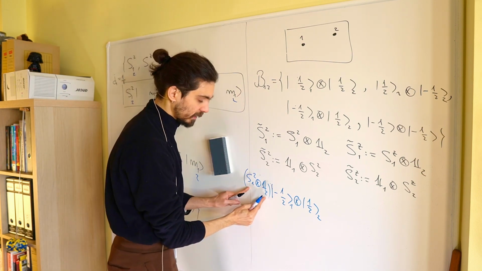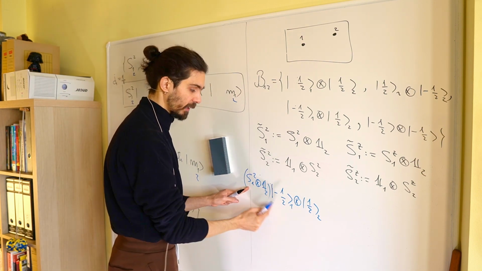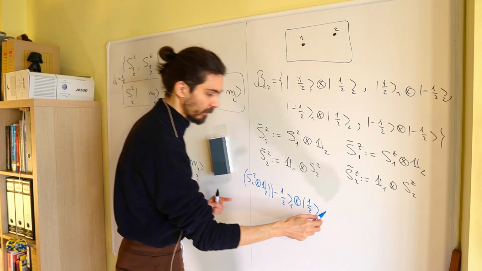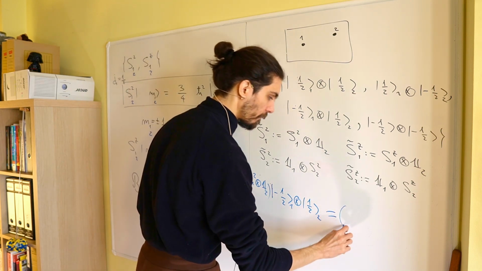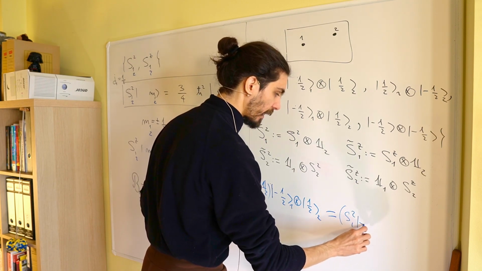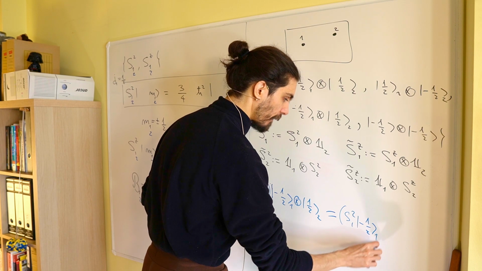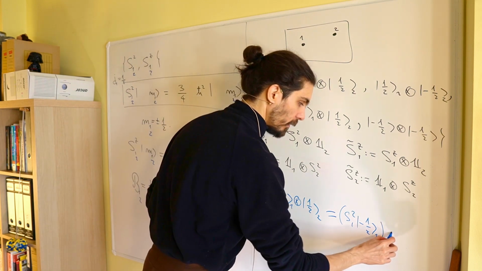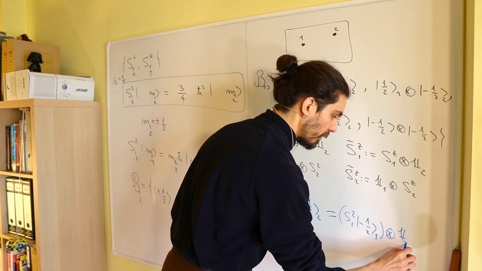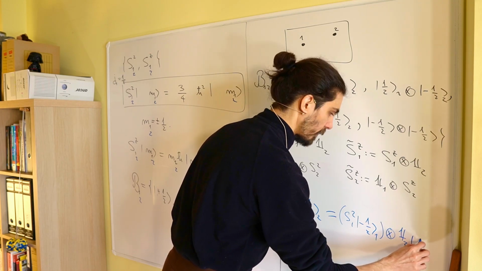How does this tensor product of operators act on this ket? The first one acts on this, and the second one acts on that. So we get S1 squared acting on the first ket, tensor with the identity acting on the second.